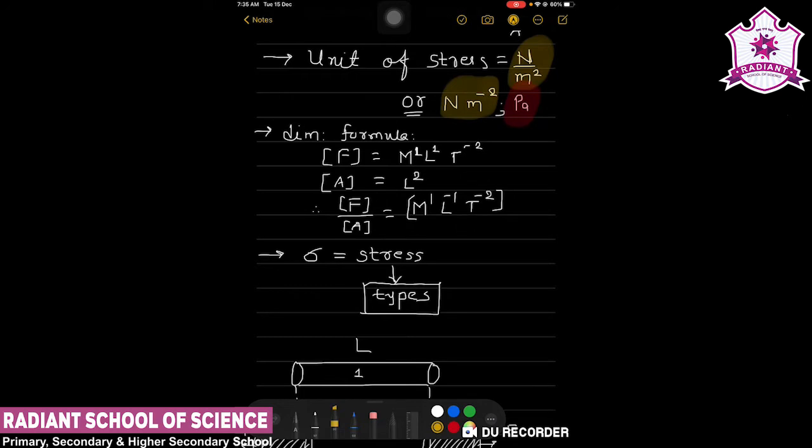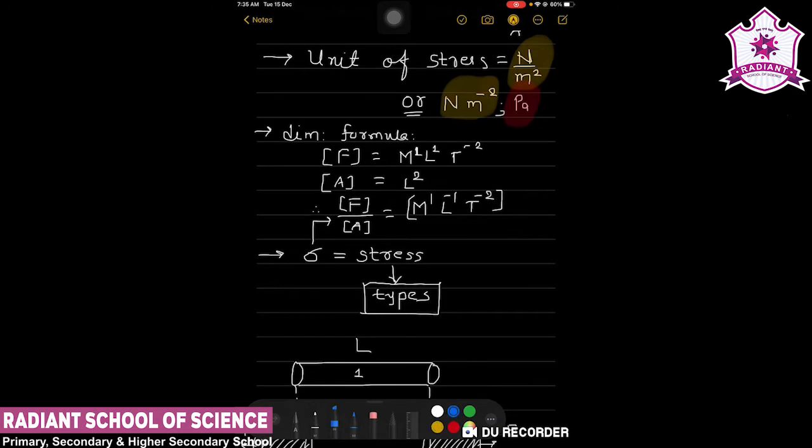Now suppose we want to find the dimensional formula of stress. The dimensional formula of force is M^1 L^1 T^-2, and the dimensional formula of area is L^2.